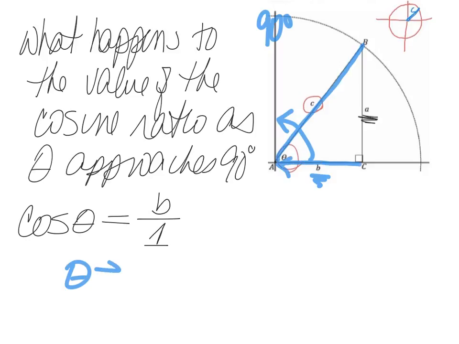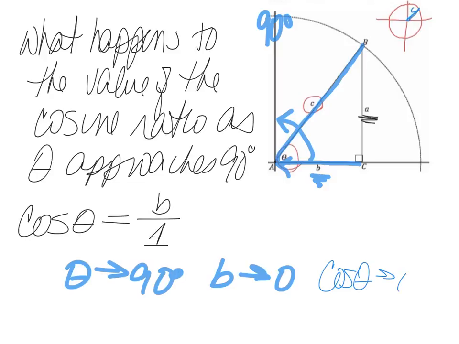So as theta approaches 90 degrees, B approaches 0, and cosine theta approaches 0.